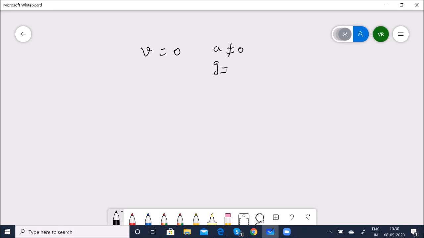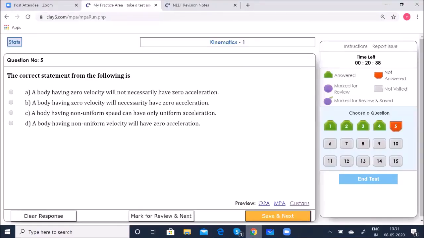So g is not zero here. So even though the velocity is zero, the acceleration is not zero. So which of the statements do you think will be correct? Obviously, it is A, because that states that a body having zero velocity will not necessarily have zero acceleration. So that option should be correct. Let us take that and save that.